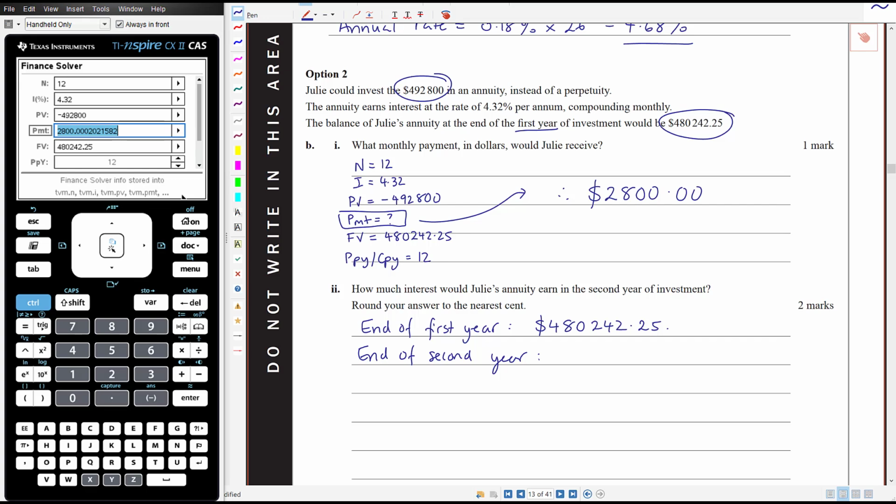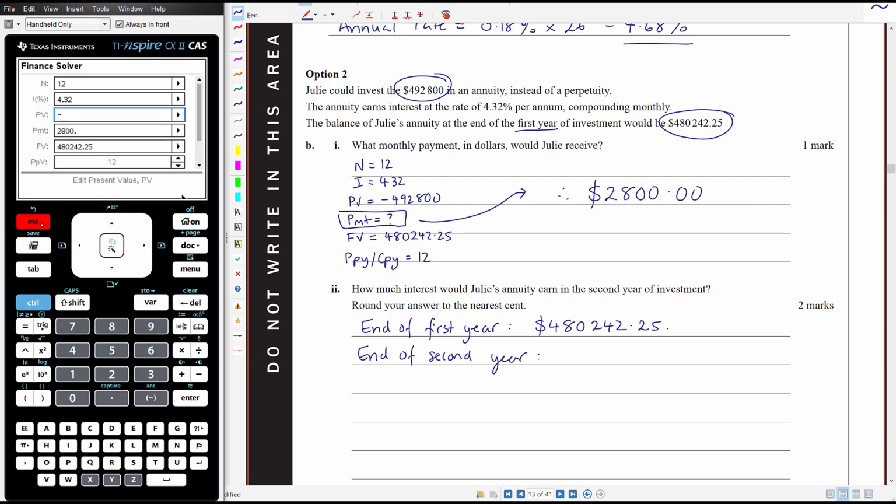Okay, so now we're going to make our payment exactly that. Our principal value here is, actually we don't need to change that, hold on, let me undo. I can't.